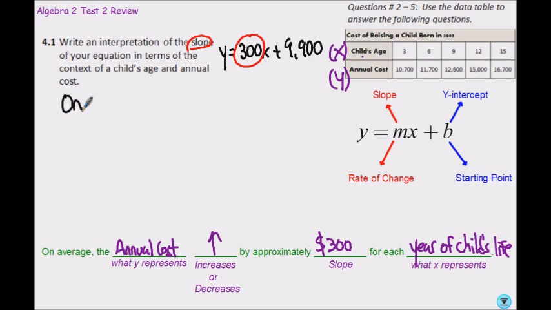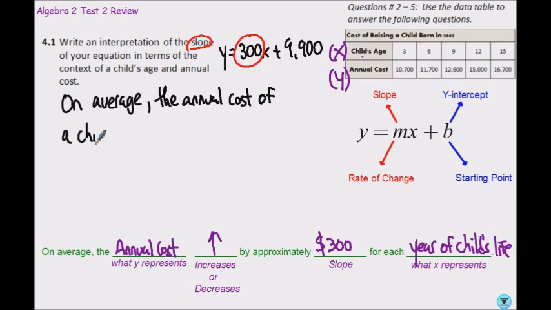So I'm going to come back and say on average, the annual cost of a child increases, because it's a positive slope, by approximately, and what does it go up by?